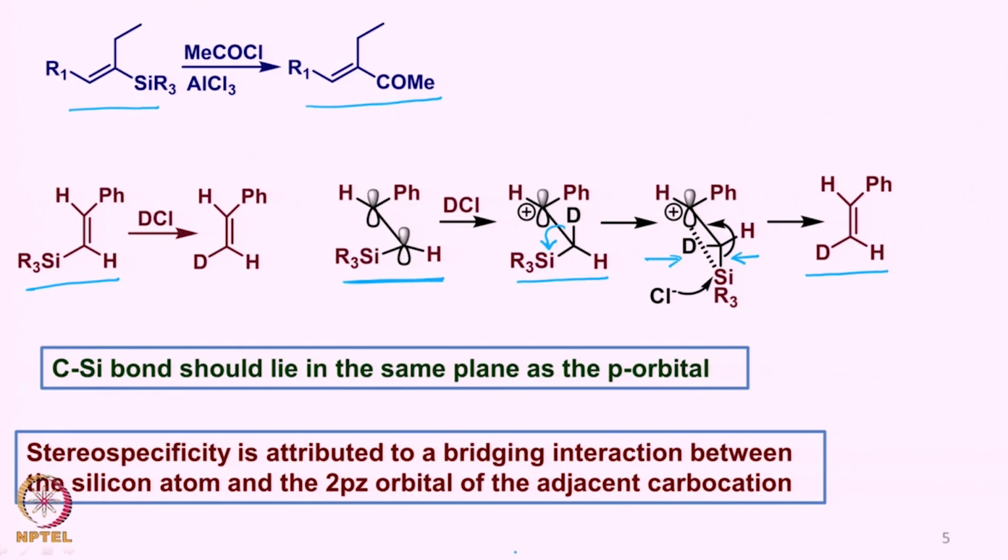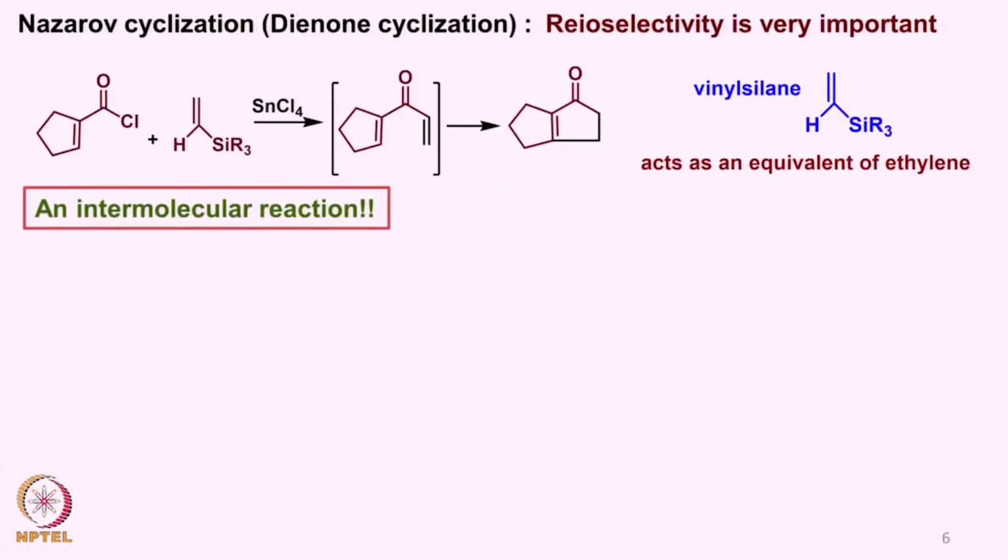So we have to make sure that the carbon-silicon bond lies in the plane of the p orbital, which is why we have rotated it in this fashion. Stereospecificity is attributed to a bridging interaction between the silicon atom and the 2pz orbital of the adjacent carbocation, as shown here. So this is how the vinyl silanes react, and we get the product in which the silicon group gets replaced by the electrophile.